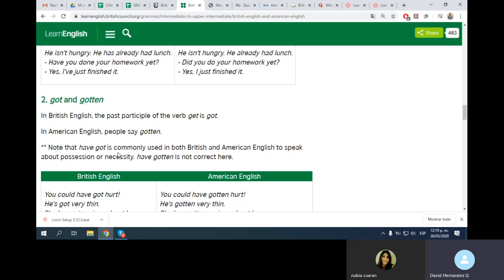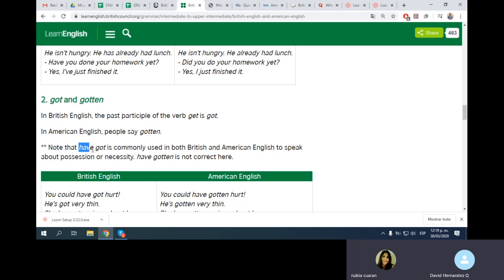She hasn't got a pencil, an extra pencil. Ella no tiene un lápiz extra. Mientras que los americanos normalmente dicen I don't have, I have, she has. No utilizan el got después del has. Pero si lo ves en algún momento, sabes que es como si el got fuera un adorno, y tenemos el have.